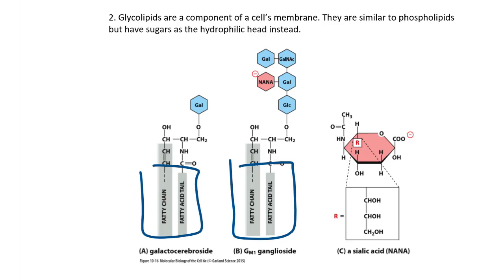There's hydrocarbons. But instead of having that choline group and phosphate or some sort of charge group, or head group, what you have is sugars. Here's a bunch of sugars together.